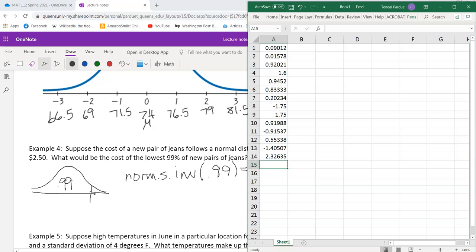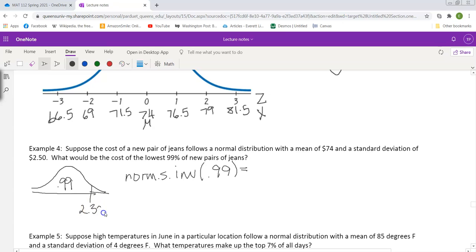And that gives us 2.3264. So that tells us that on the z-scale, this is where we are, 2.3264. And now we have to convert that value of z to x.